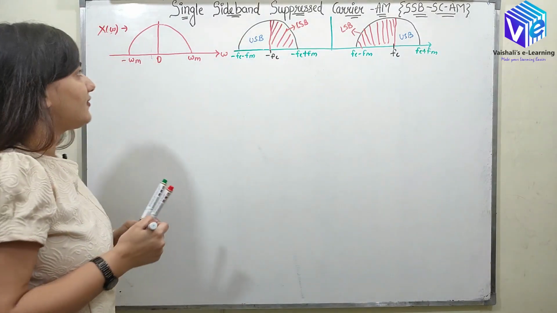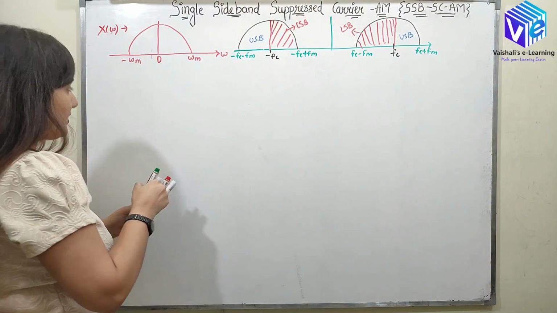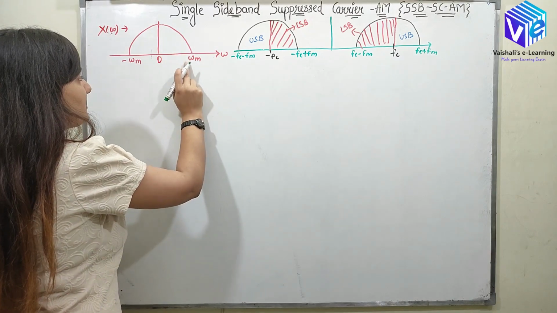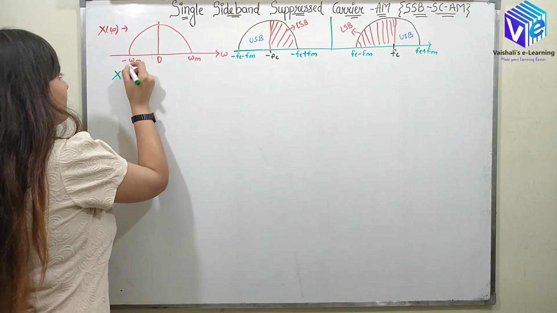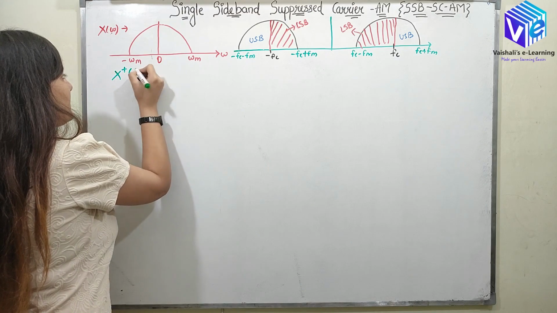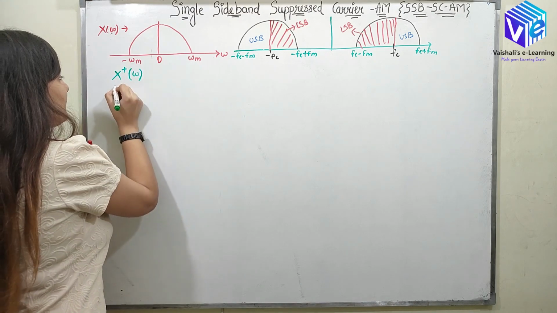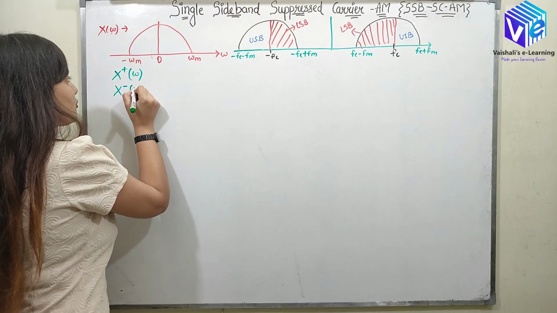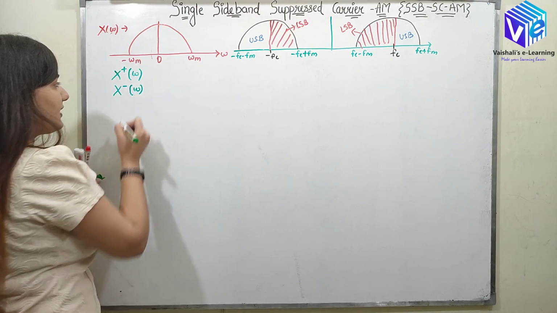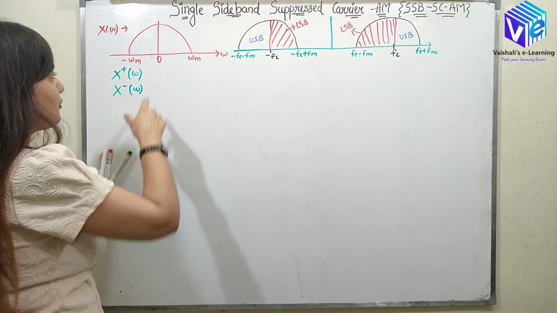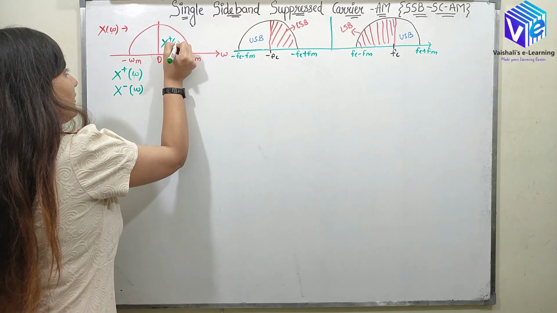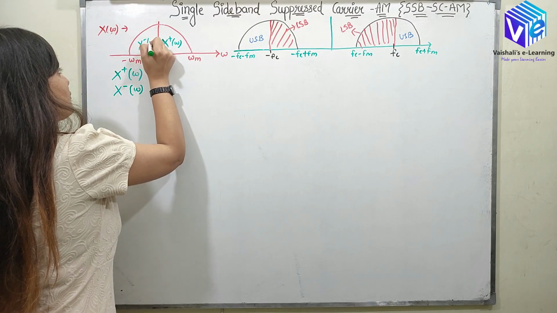So now if I divide the message into two parts, the message which is occupying the frequency greater than 0, I am classifying it as X plus of omega, and the message which is occupying the frequency less than 0, I am calling it X minus of omega.